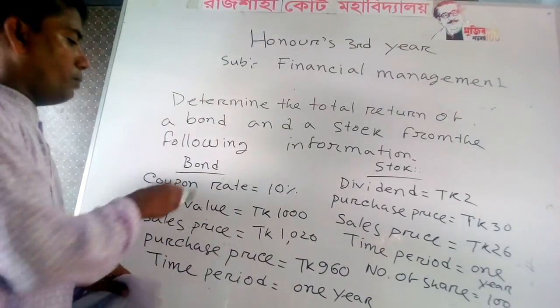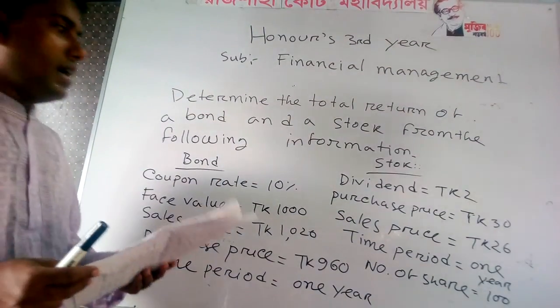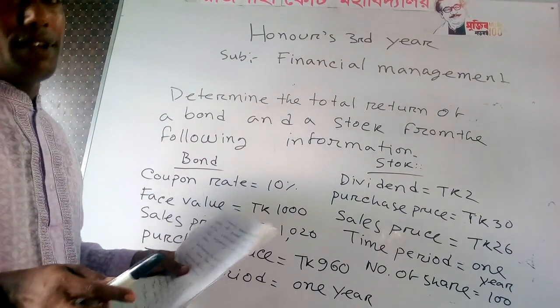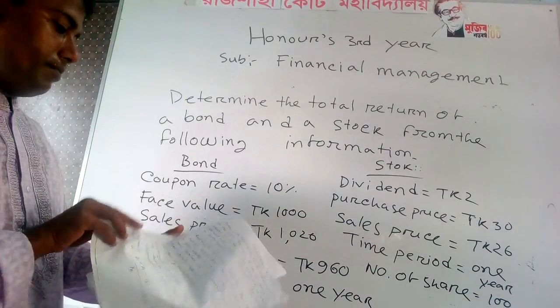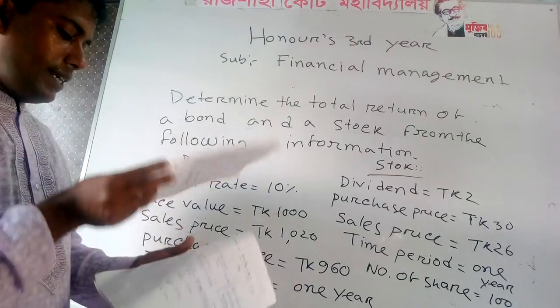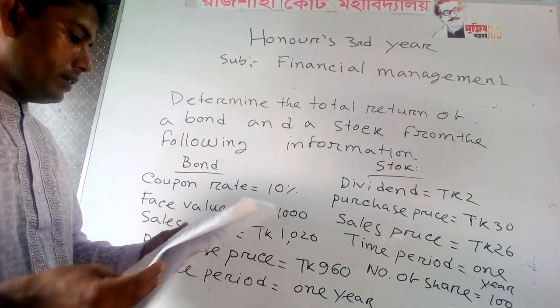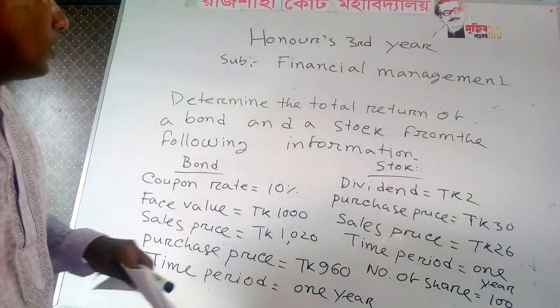This is the bond and stock information. After this we apply the formula. What is the solution of TR of bond and TR of stock?